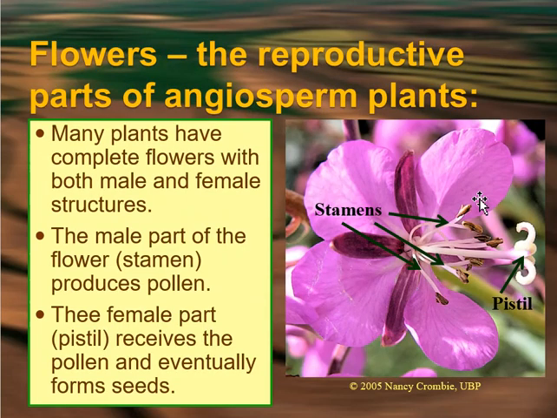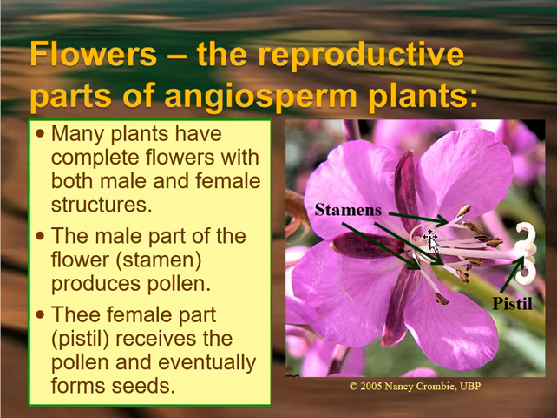Flowers. These are the reproductive parts of angiosperm plants, okay? Many plants have complete flowers with both male and female structures. The male part of the flower is known as the stamen, so those are up here, and that's what produces pollen.